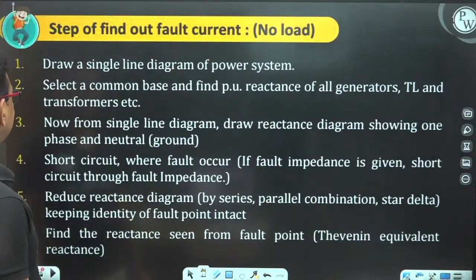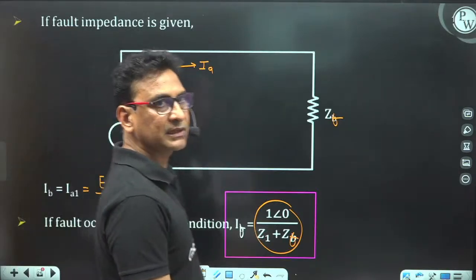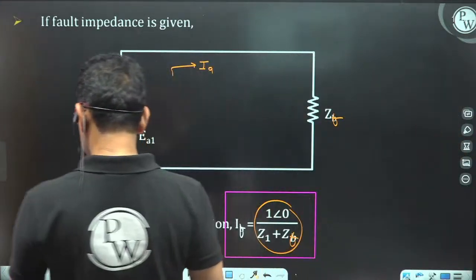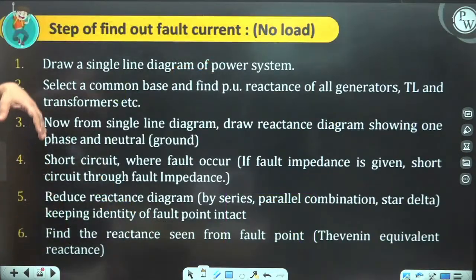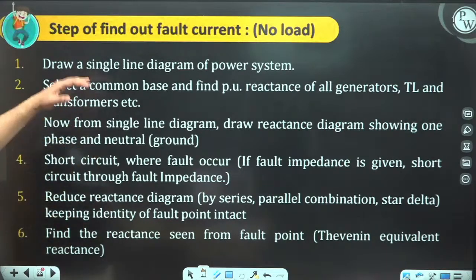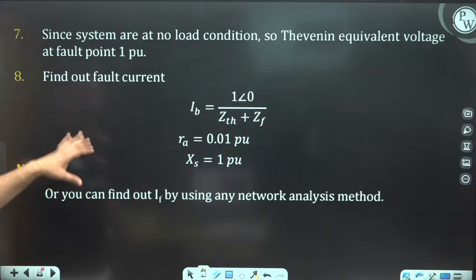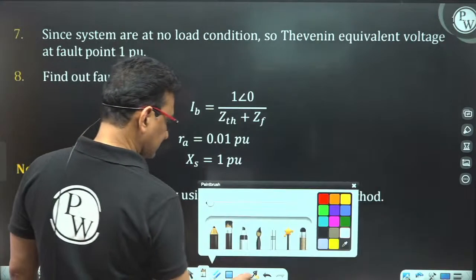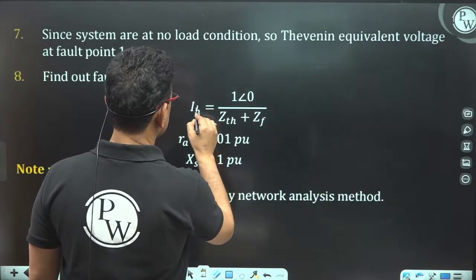This point is clear? So in tomorrow's class, I will take one example, then I will discuss how to find out the fault current whenever the symmetrical fault takes place. These are the steps, but now the time is not sufficient to discuss this in detail.